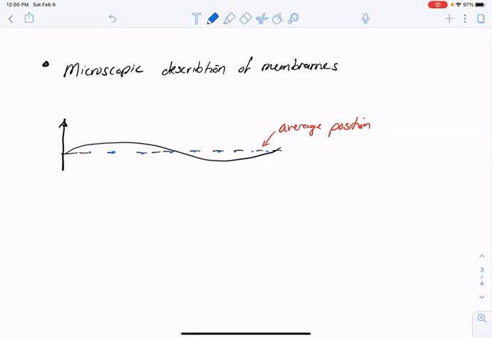And if it's on average flat, that is uniquely defined by a distance from this average position. Let's call that difference h of r.